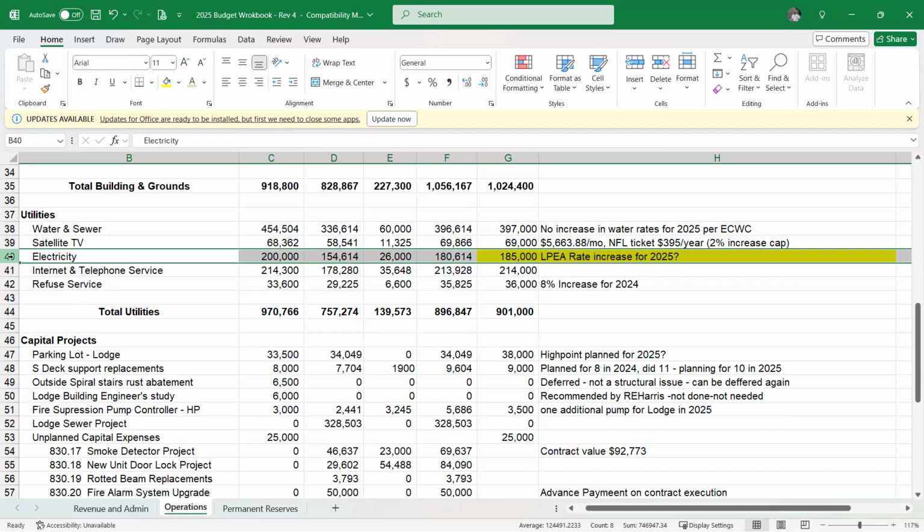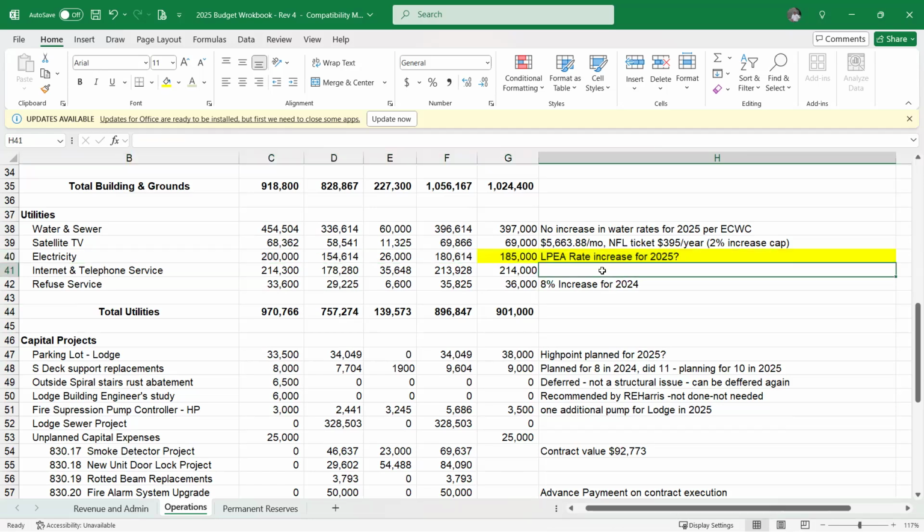Okay. So I recommend that we budget 185 unless somebody hears something. You guys are there local, Gary, Elisa, well, you're in Mexico, but anybody that's there local, if you hear anything during the week that LPEA is going to increase rates for 25, we can factor that in. Well, I think we'd get a notice as owners or as customers that there's going to be a rate increase, and I haven't seen anything yet.